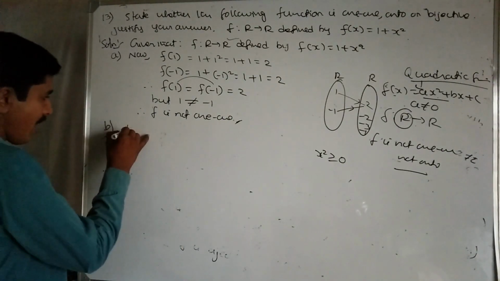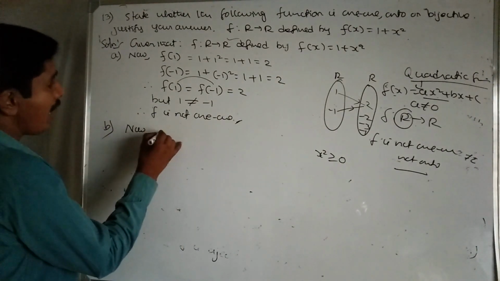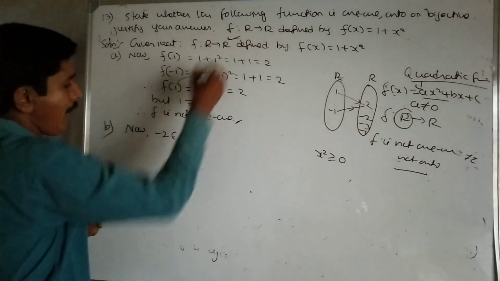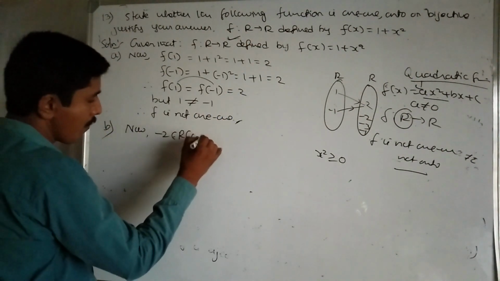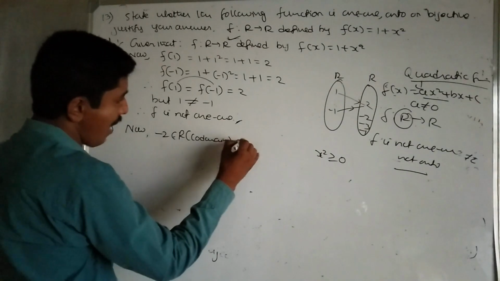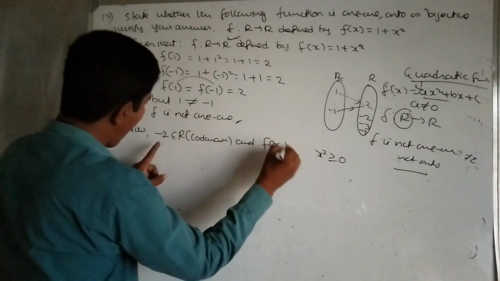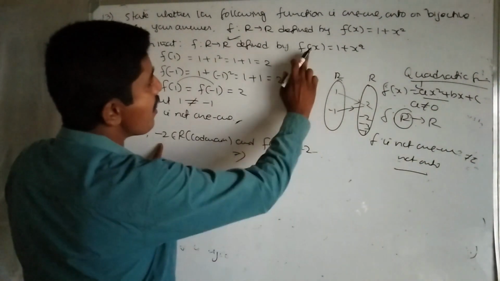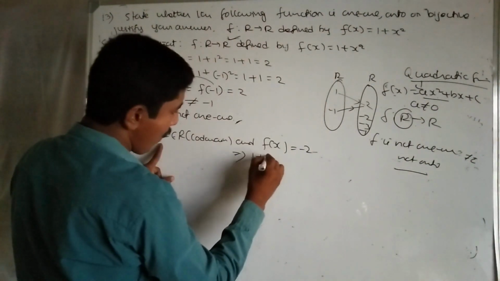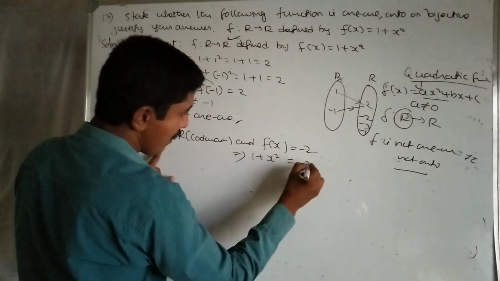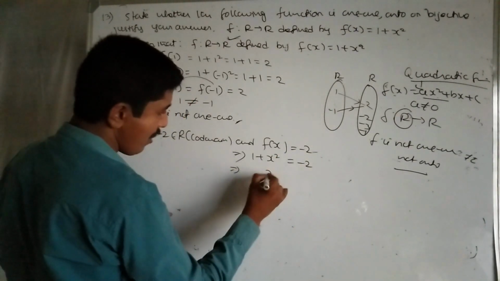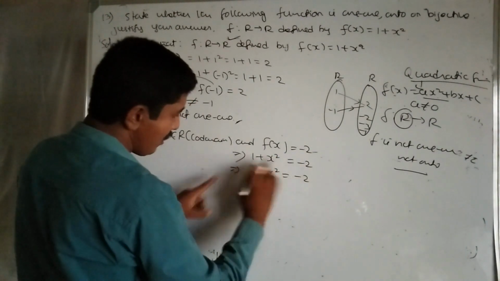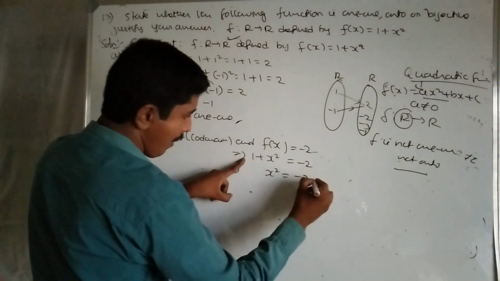Proving not onto means take one particular element. Now minus 2 belongs to the codomain, and f of x equal to this codomain element minus 2. f of x: 1 plus x square equal to minus 2. Find the x value. x square equal to minus 2; shifting to the right side, plus 1 becomes minus 1.